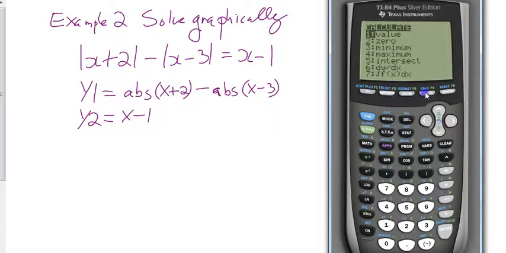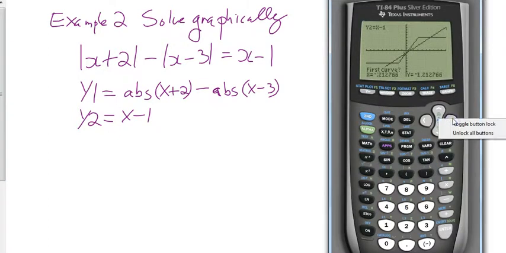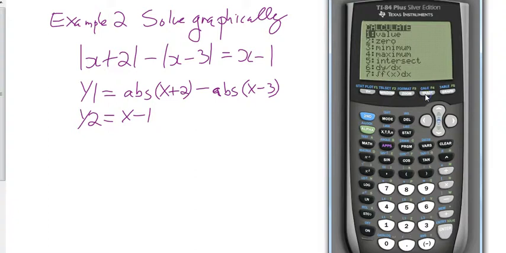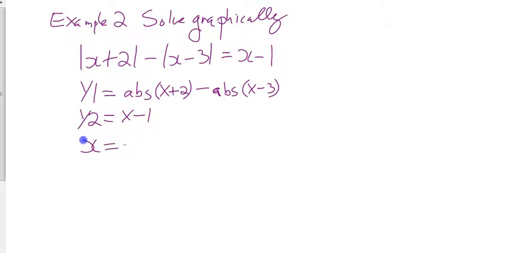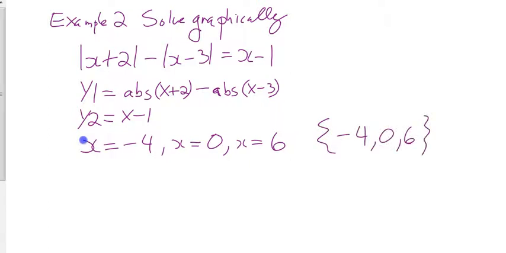So we have -4, what looks like 0, and 6. Okay, so -4, 0, and 6. So our solution set is those 3 numbers, right?